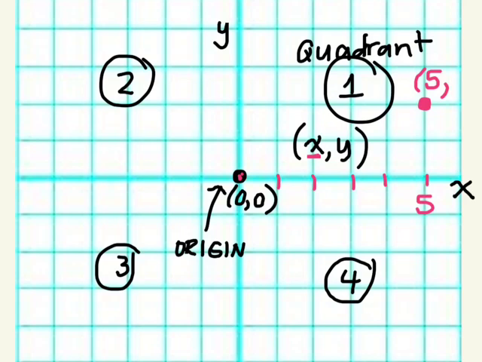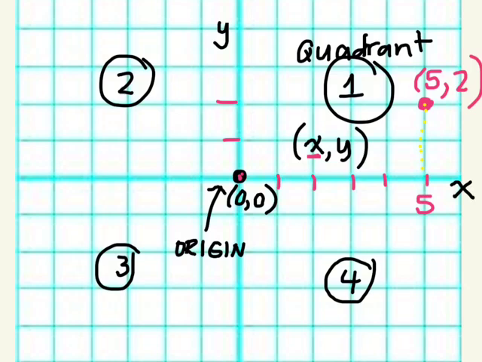And to get to this point here, how did we move along the y-axis? How many spaces did we move? 2. 2, exactly. So this point is located at 5, 2. And I forgot to mention that to label your axes, it's like a number line.